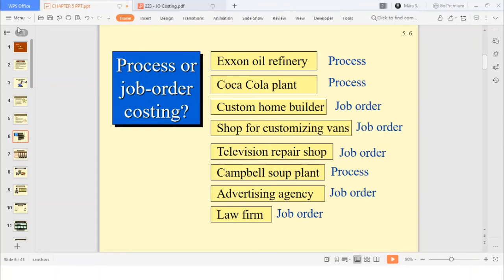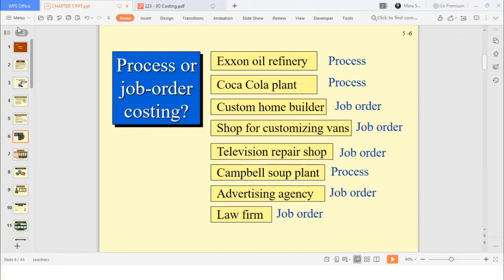Mostly, service-heavy firms, companies or organizations are more on job order. Look at home builders, those who customize vehicles, repair, advertising, law firms, right? Those are service-heavy industries.